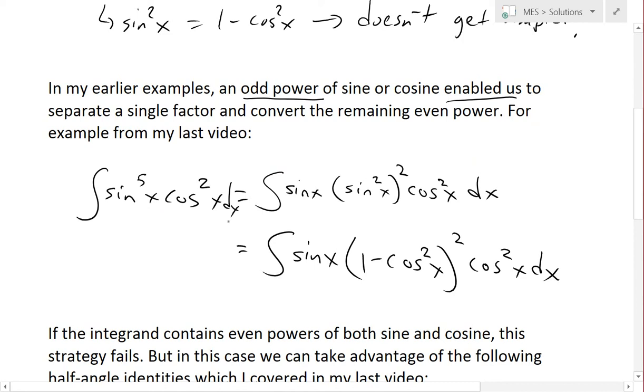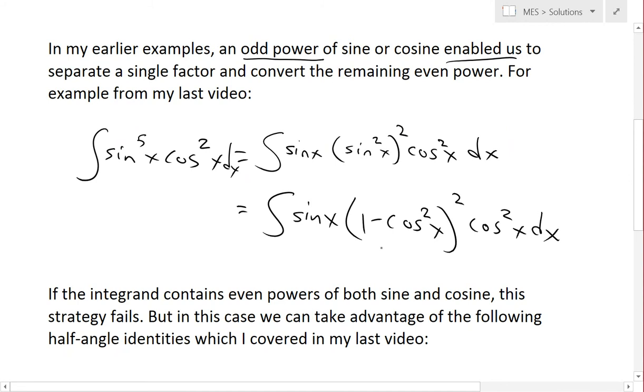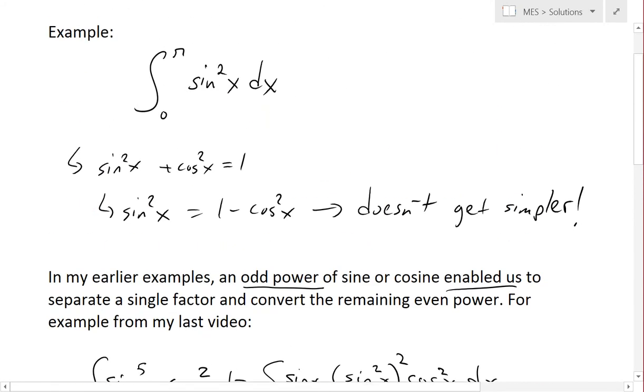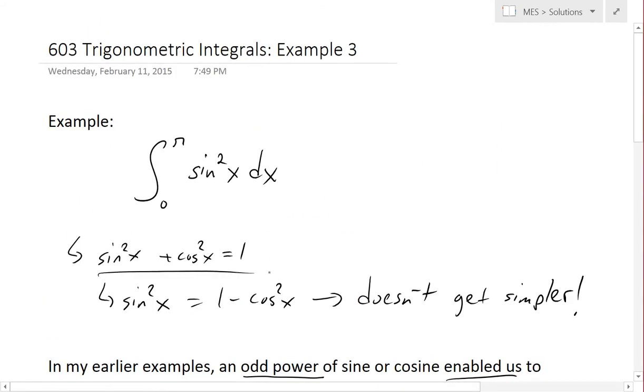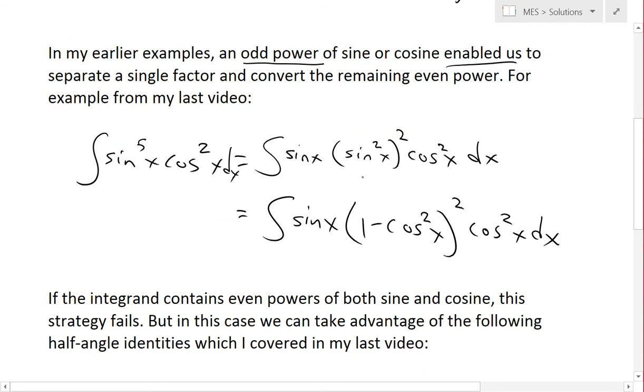Because it's odd, we took a sine out and wrote the remaining sine as sine squared to the power of 2, so it becomes sine 4. Then we wrote sine squared as 1 minus cos squared of x, all squared, and later used the substitution rule, changing cos of x in terms of u. Make sure to watch that.